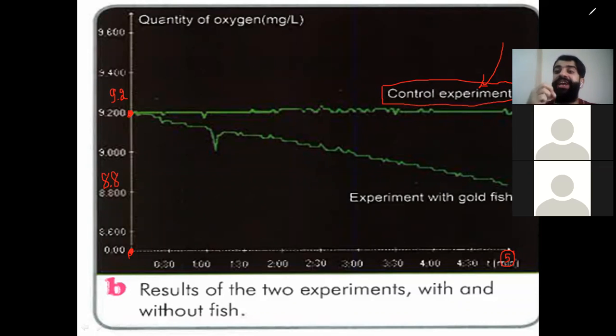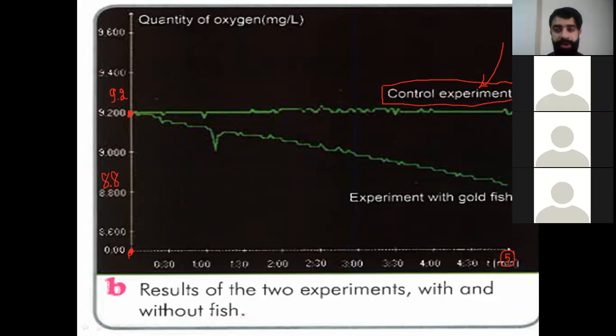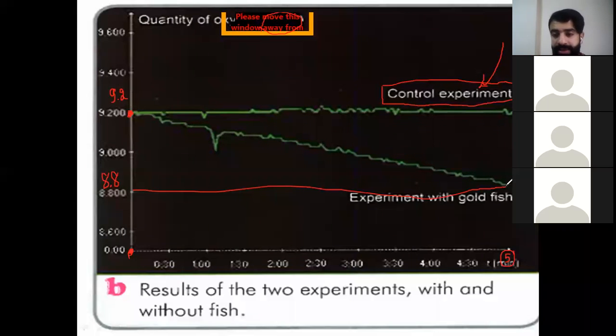You have to mention: as time increases from 0 to 5 minutes, the amount of oxygen gas decreases. To which value? To 8.8 milligram per liter. Okay, thank you, Adam.